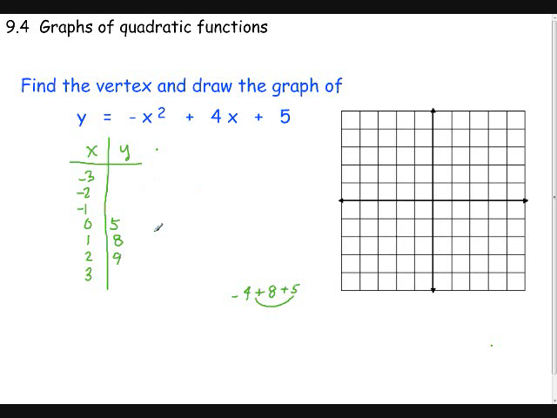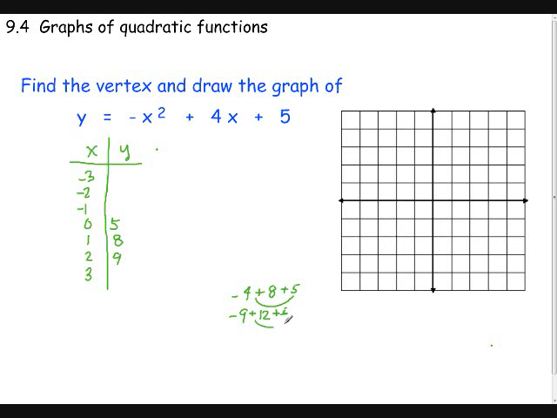And let's try 3. When I put a 3 in here and square it, I get a 9, and there's a negative in front of it. So negative 9. 4 times 3, so that's plus 12, plus 5.